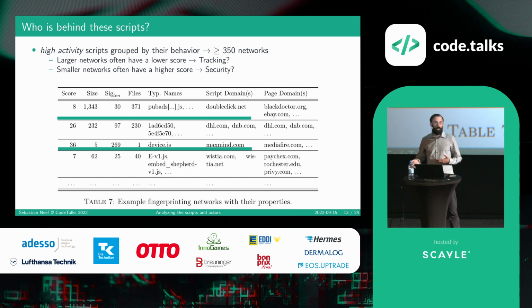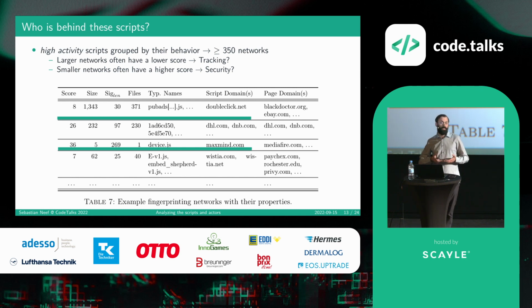And now, well, our assumption or way of thinking was, we have larger networks with a lower score, and then we have smaller networks with a higher score. So maybe one could be for tracking, maybe the other could be for security, because for security, you really want to make sure that the browser is legit and is allowed to access that site.